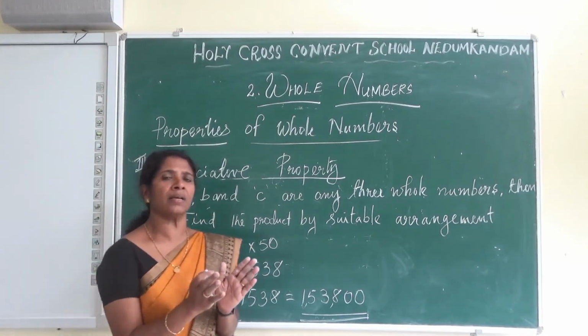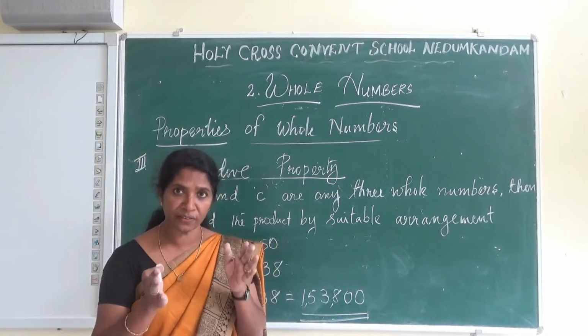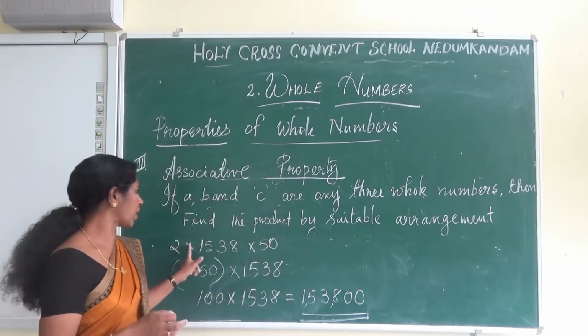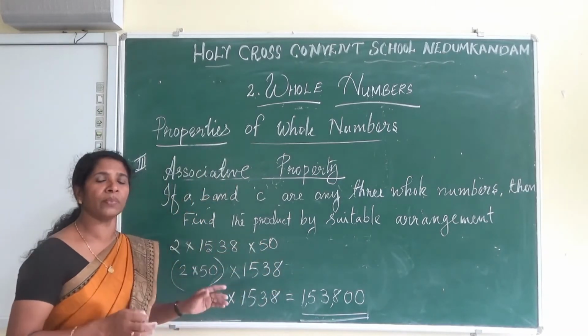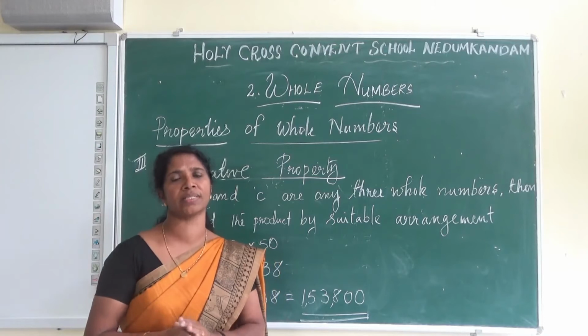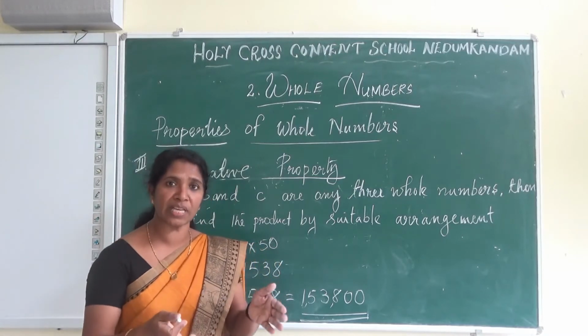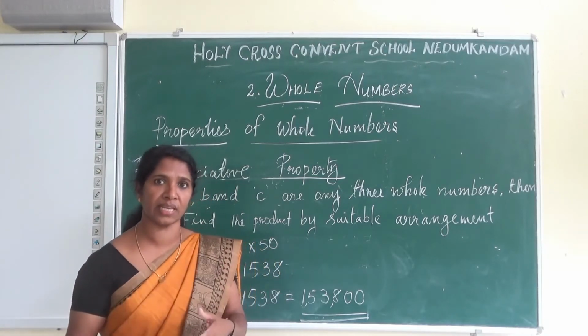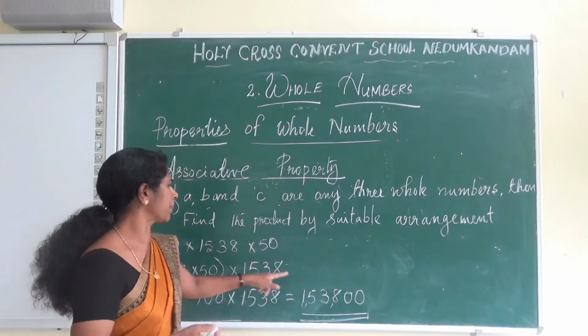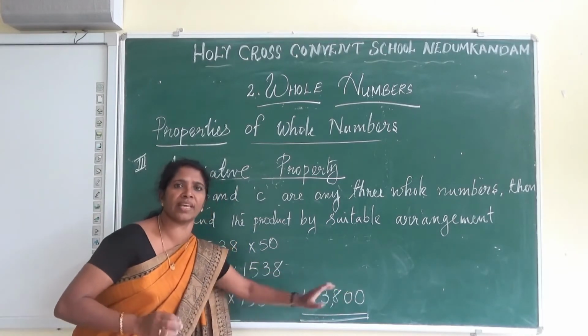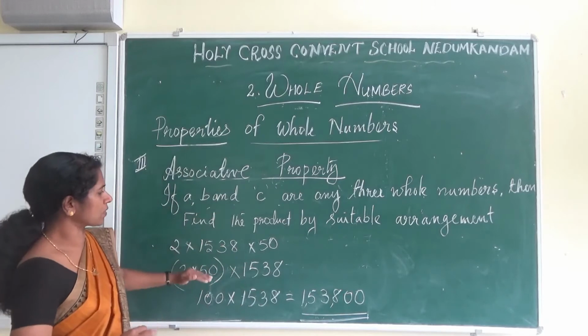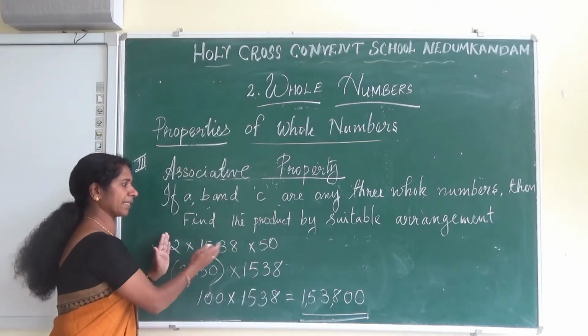So when we are getting a question, if in that question 50 and 2 are there, we have to group that together, because we know that 50 into 2 is equal to 100. Multiplication of a number by 100 is very easy, because simply write the number and put two zeros at the end of that number. So when you are getting a question, first of all, you look at that question.